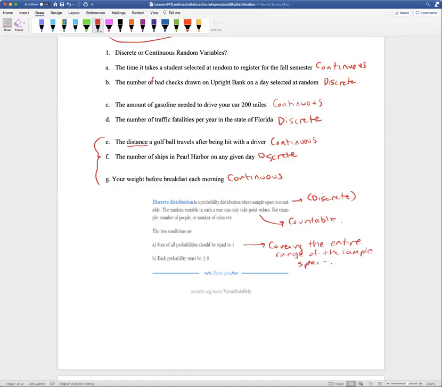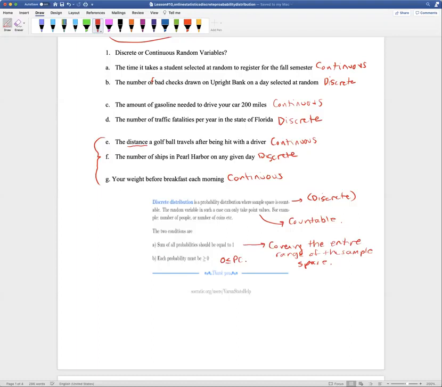So one thing that we need to check for is that when we sum up the probabilities, in order for it to truly represent a discrete probability distribution, we should get 100% or 1.